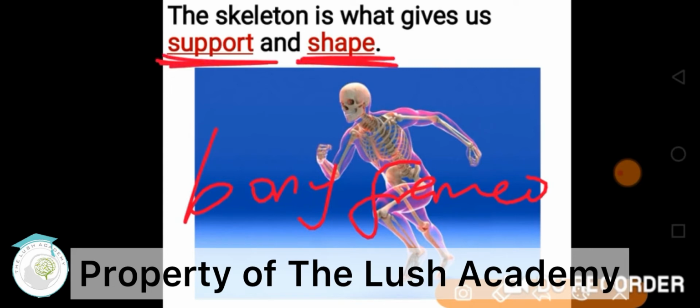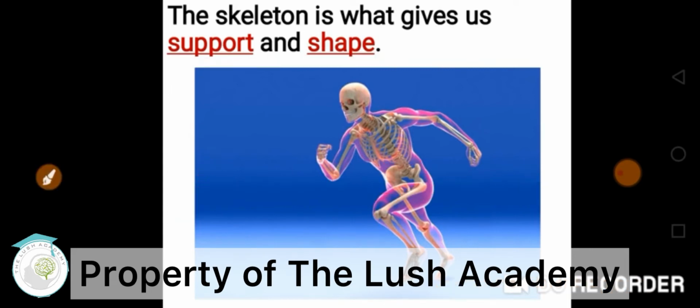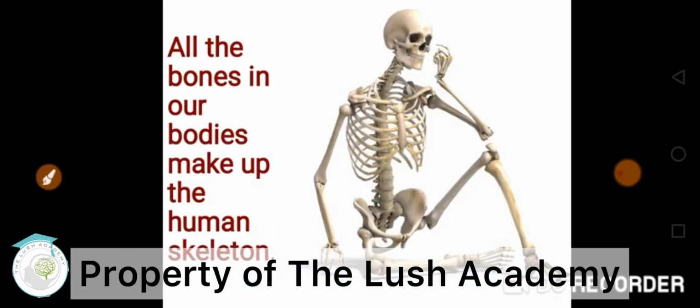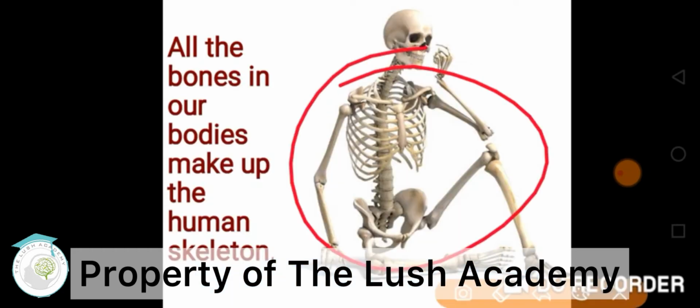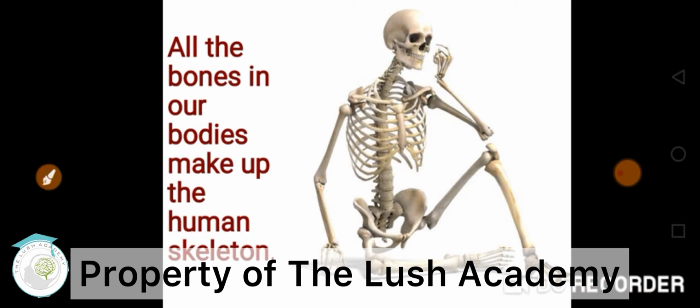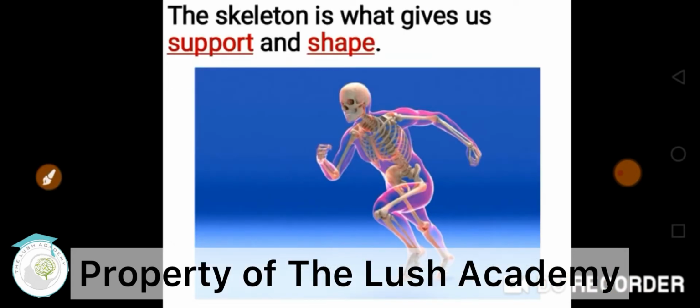You know what support means? To be supported by something means you will not fall. Maybe you are leaning on something to support yourself. You will not fall because that thing is supporting you. So also we won't fall because our bones are supporting us. Are you seeing how our bones can support us when we sit like this? We will not fall like a pack of cards.